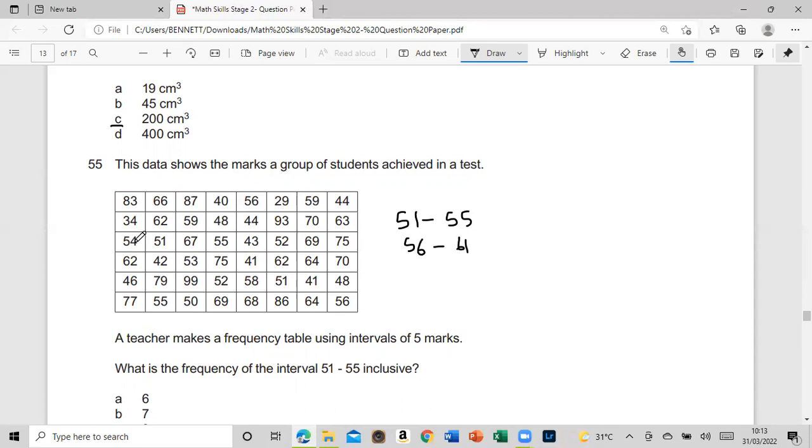So this is one, 2, 3, 4, 5, and 56 now, so stop at 55.